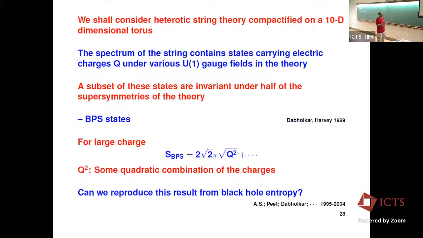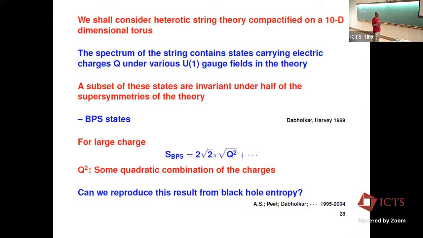The important result for us is that if we go to large charge, then the log of the BPS index grows as square root of Q squared, where Q squared is some quadratic combination of the charges. And the question that we would like to ask is, is it possible to reproduce this result from black hole entropy?